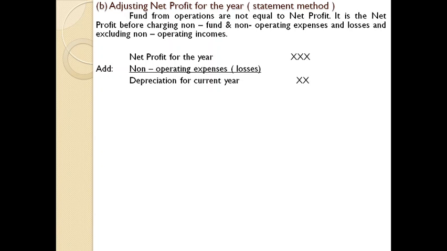First one, depreciation for the current year. We all know what is meant by depreciation, and sometimes for computation of depreciation for the current year, you may have to prepare a ledger account which we have discussed previously. Next one, provision for tax.